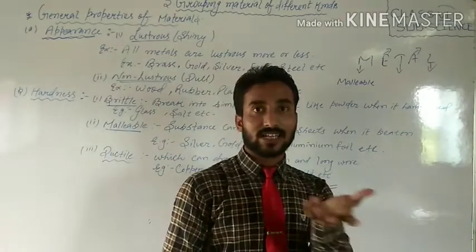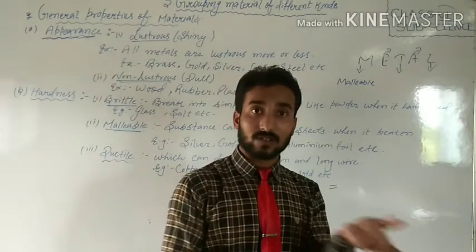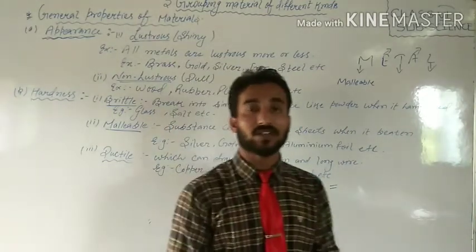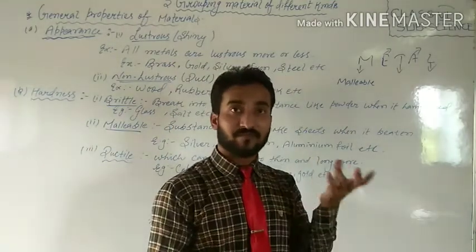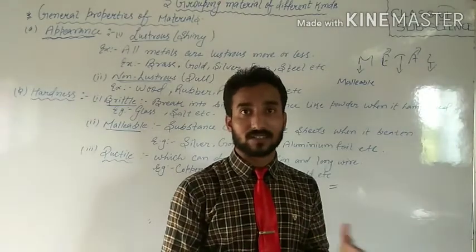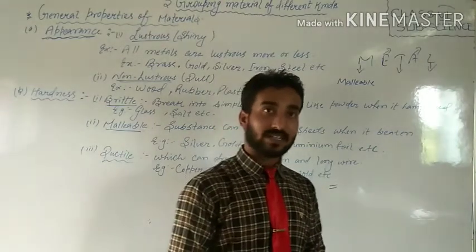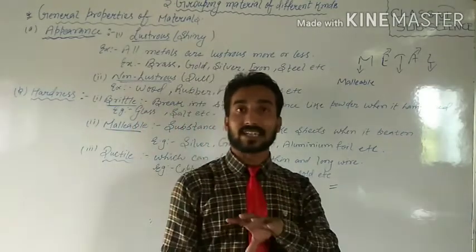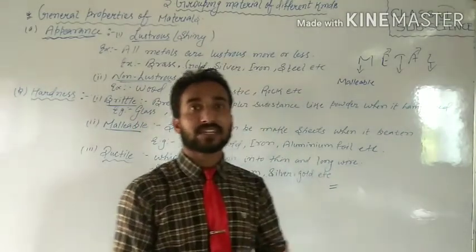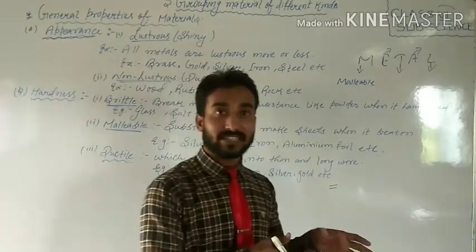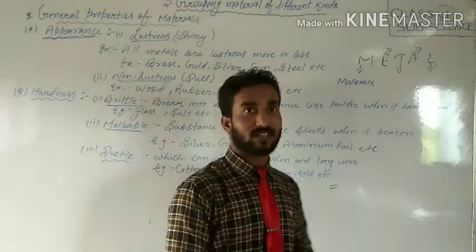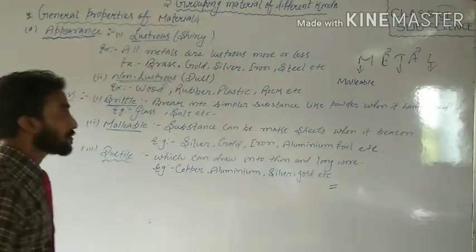Look at the utensils at your home. Those are also made from thin sheets of aluminum, steel, brass, or copper. It means we can say malleable. It means such types of objects can be made into sheets by beating, and for this you use a harder substance.